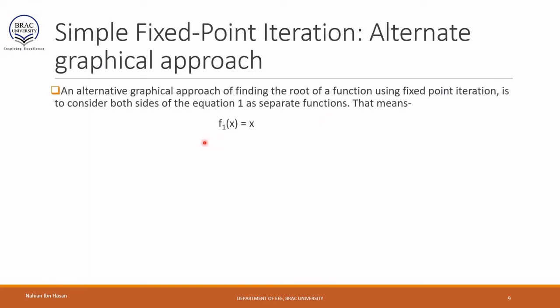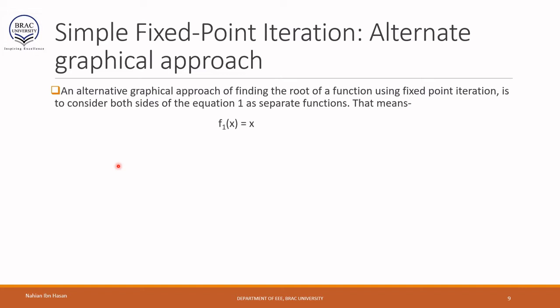So there is an alternate graphical approach that some of us might have used in our previous educational career. We want to rewrite our function in a new form, x equal to g of x. On the left hand side we have x, and on the right hand side we have g of x.